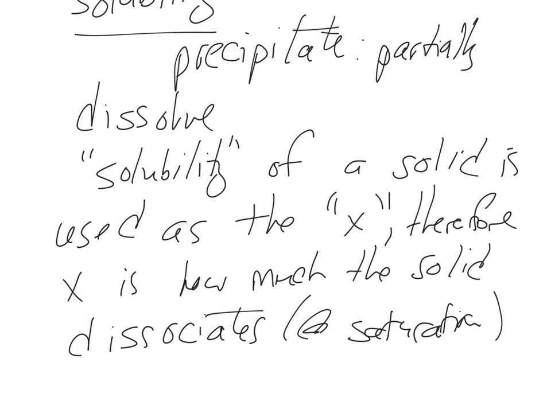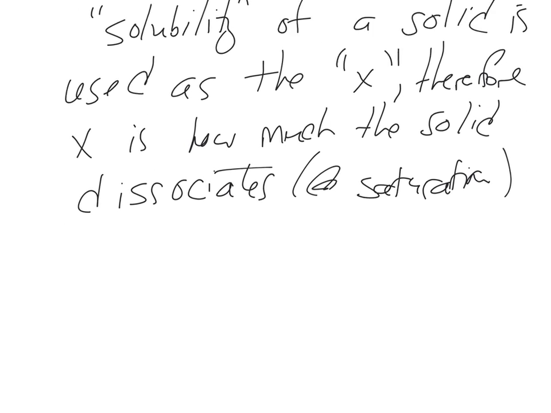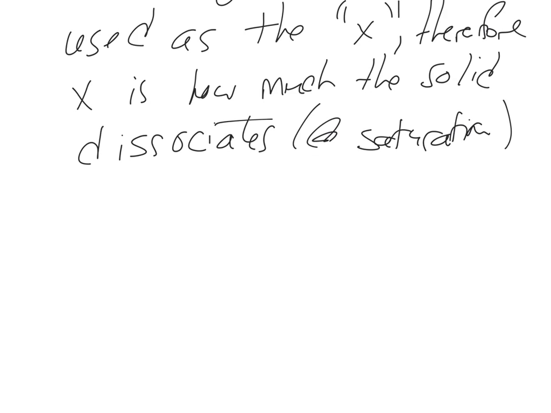But if something's a solid, it's not going to really dissociate very much. So you have to think about this dissociation as being very, very tiny. For example, 1.0 times 10 to the negative 31 would be my X.